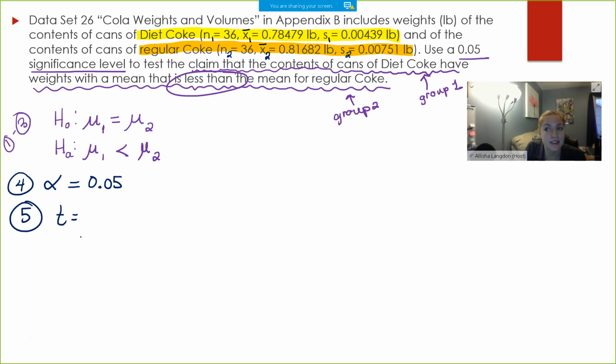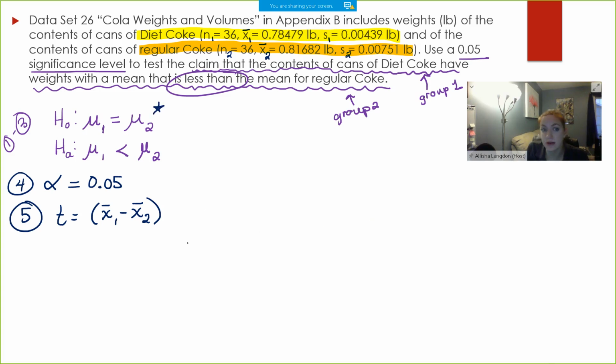I knew you all said that out loud, right? Okay, great. So if we remember, I have my little cheat sheet here so I don't forget anything. So T equals x1 bar minus x2 bar. Now we don't write in our mu1 minus mu2 because those are assumed to be 0 because we assume that they are equal right here.